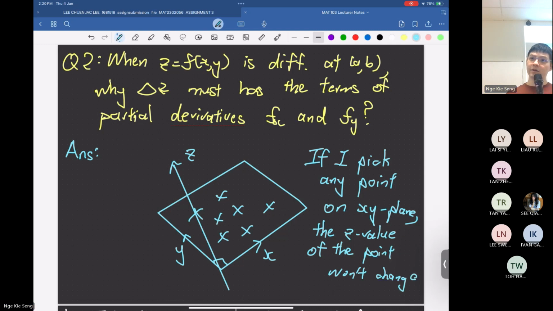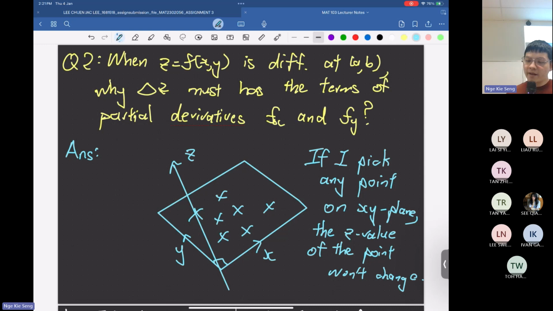Correct? When you are on the xy plane, z equals 0. Or if you stay on any horizontal plane, fix the height, your height wouldn't change as well.